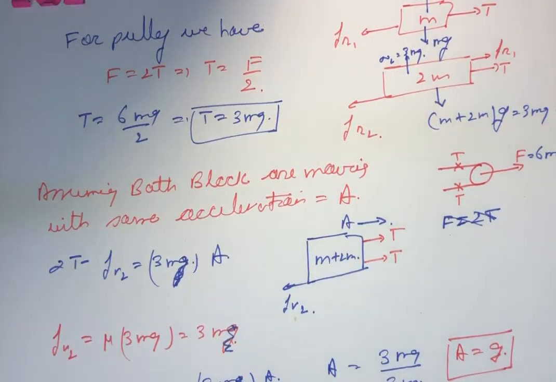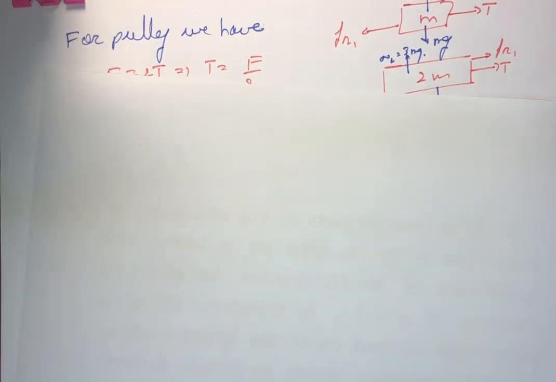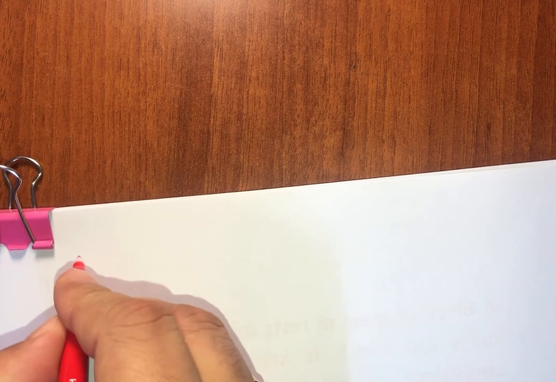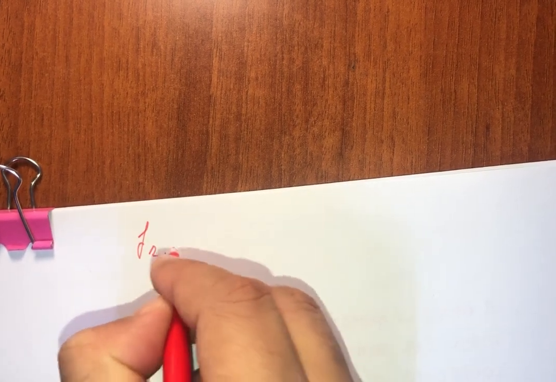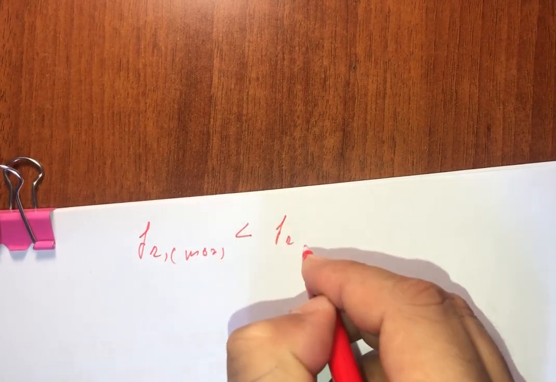So based on this, we can say that there will be slipping between the mass m and 2m. So let me write it again here, that is FR1 max is less than the FR1.